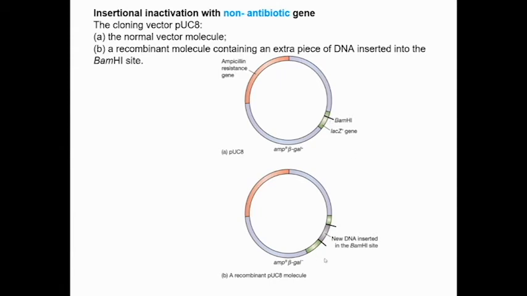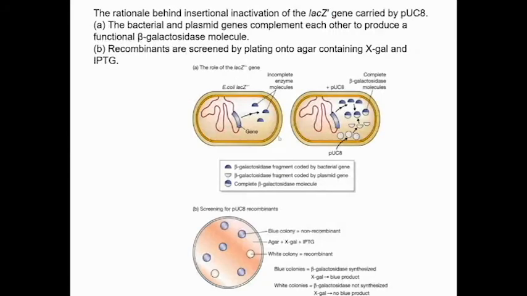For the recombinant molecule, you clone a piece of DNA into this BamHI site, so that you inactivate lacZ gene expression. But the original vector can express the lacZ gene, so you produce beta-galactosidase, and the recombinant will not produce beta-galactosidase.